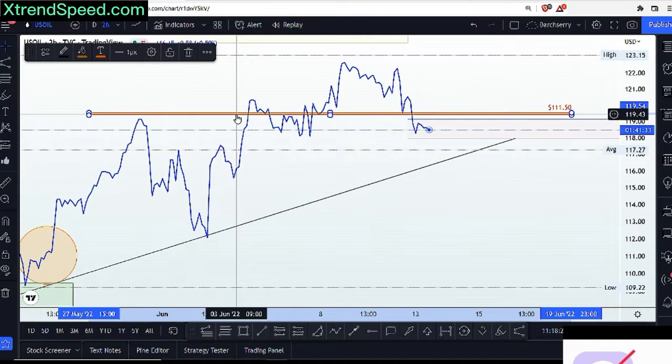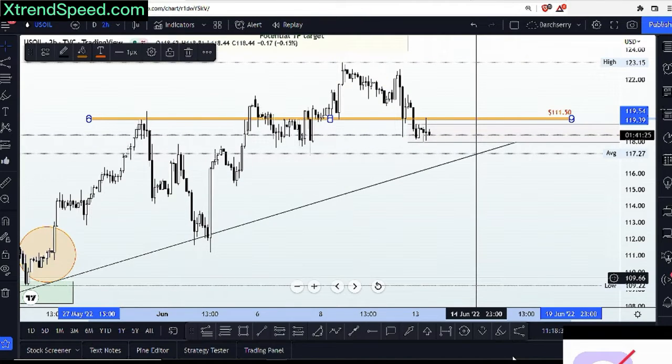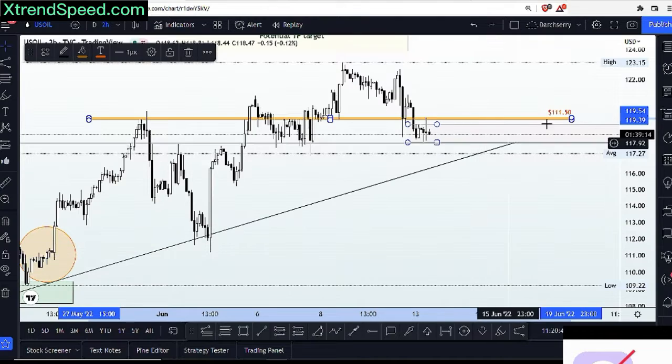So this is what we have here. We've identified a key level here at $119.50.